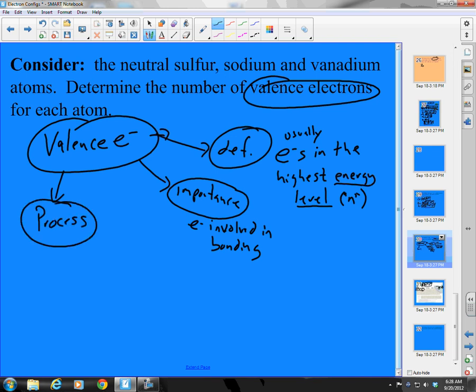Find your outer electron configuration, then identify the highest n, and count the electrons in the highest n.